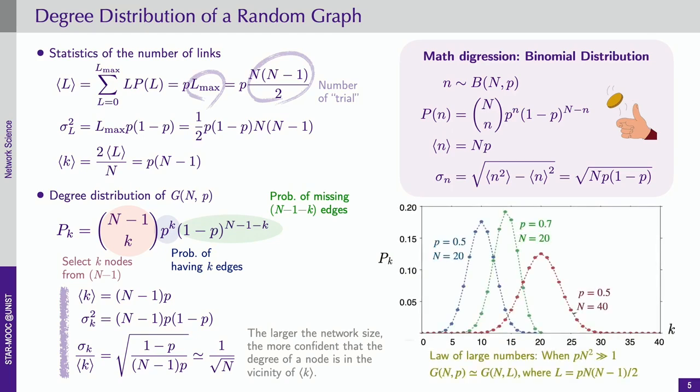And by the law of large numbers, G(N,P) behaves almost identical to G(N,L), where the total number of edges, L, is given by its expectation value.